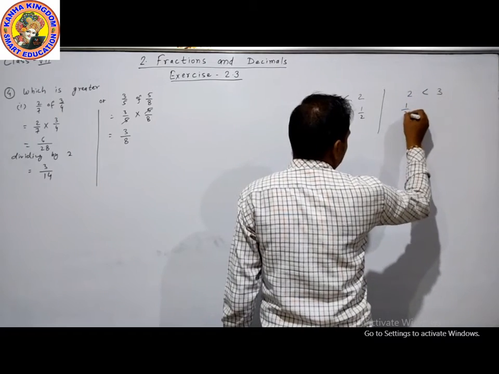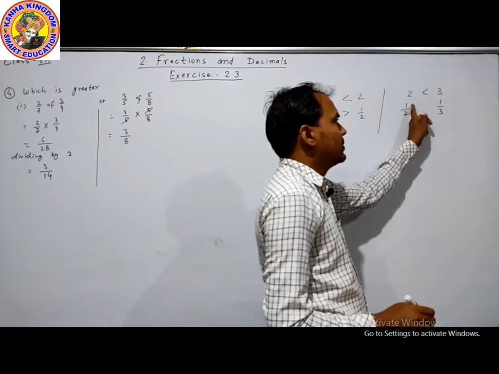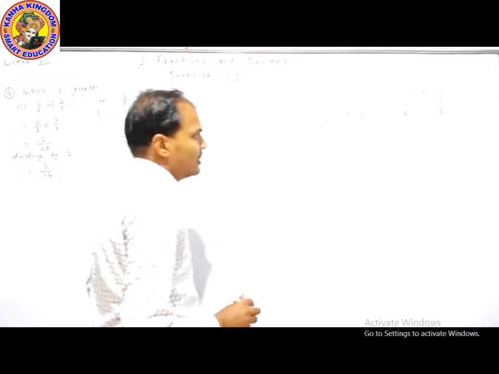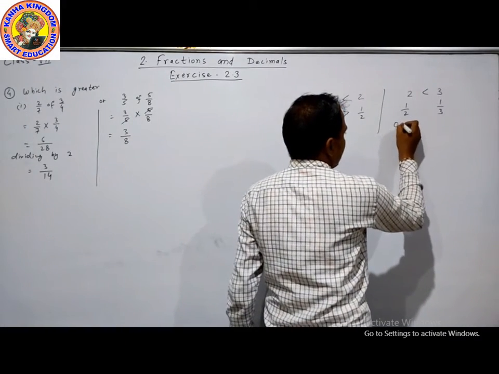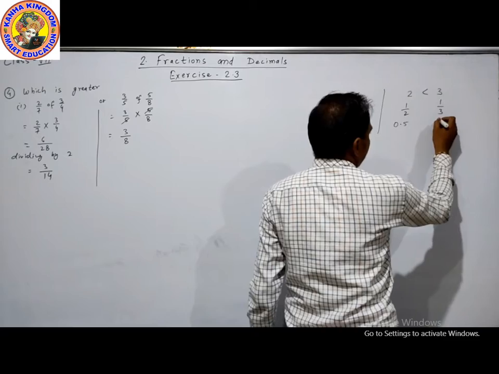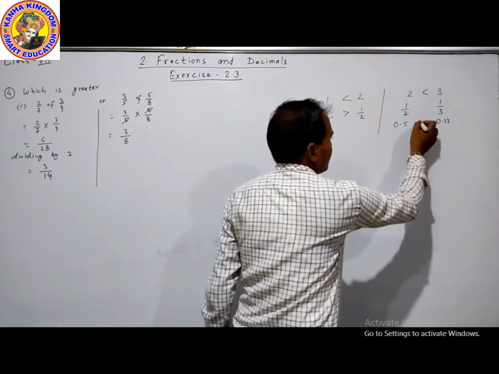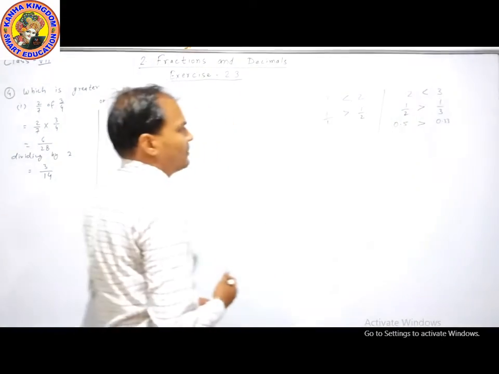Now 1 by 2 and 1 by 3. The numerator is equal, the denominators are different. So which one is greater? This is 0.5. This is 0.33. Which one is greater? 0.5 is greater. So 1 by 2 is greater than 1 by 3.